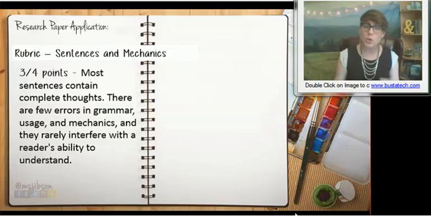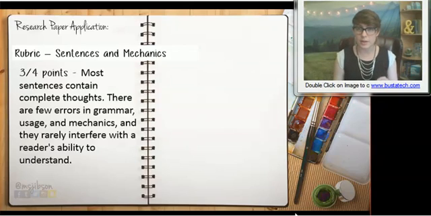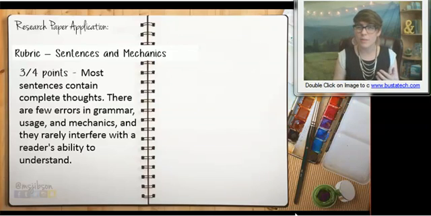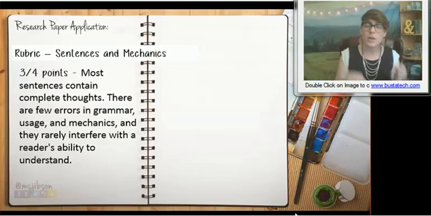There are few errors in grammar, usage, and mechanics, and they rarely interfere with a reader's ability to understand. If you don't have all your commas in the exact right place, but most of the time your errors don't interfere with what you're trying to say or your level of professionalism or tone, you'll probably be sitting pretty here.